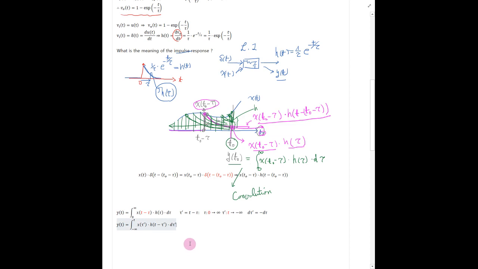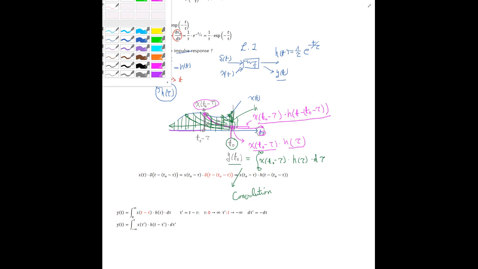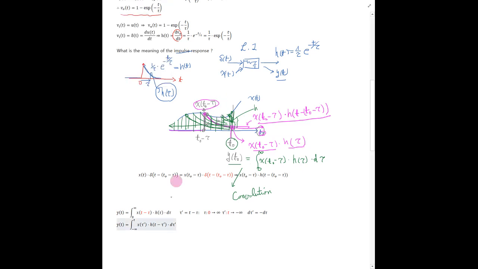So we would like to interpret these equations. This equation can be expressed like this one: the earlier input is scaled down by this much. So what about this one? In these equations, we can plot h(t minus tau prime). Tau prime goes in this direction, so h follows these directions.